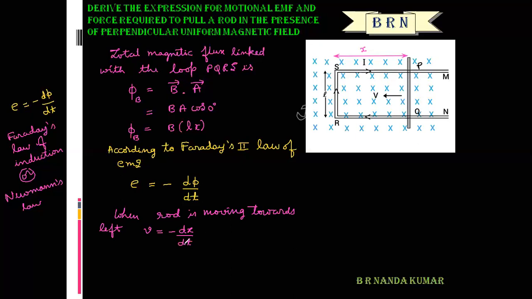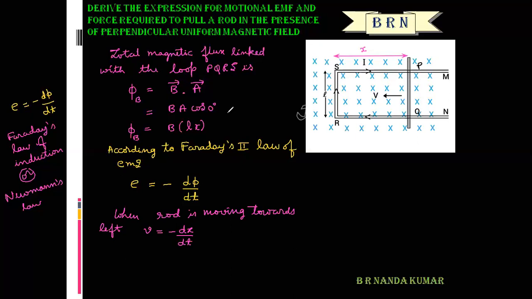This is the rate of change of displacement. V is the velocity of the rod. The negative sign indicates the motion of the rod decreases the value of x. That is the significance of the negative sign here.